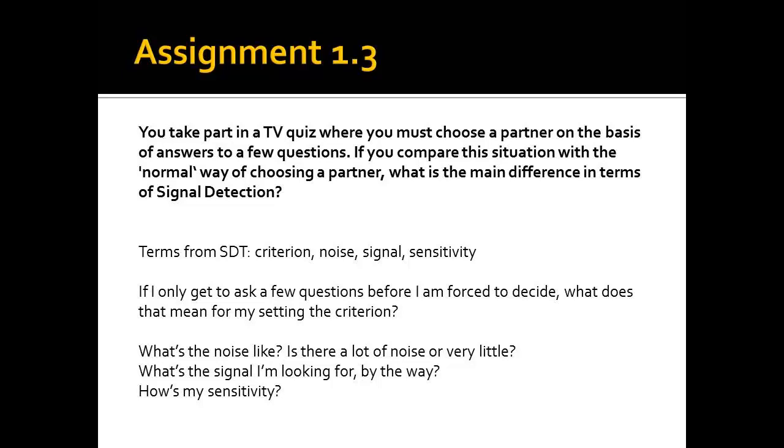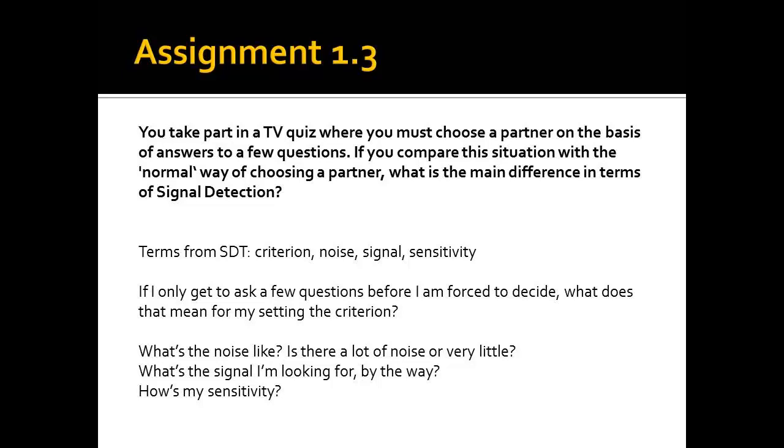Well, as we learned, we set criterions depending on the context and our goal. Obviously, we want to get a hit in any kind of scenario because we want to find the target. We want to find the perfect game show partner or the perfect romantic partner, and so on. So if we only get a few questions, we may set our criterion very liberally, right?